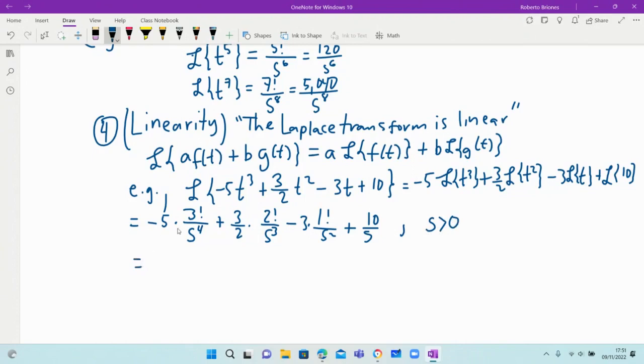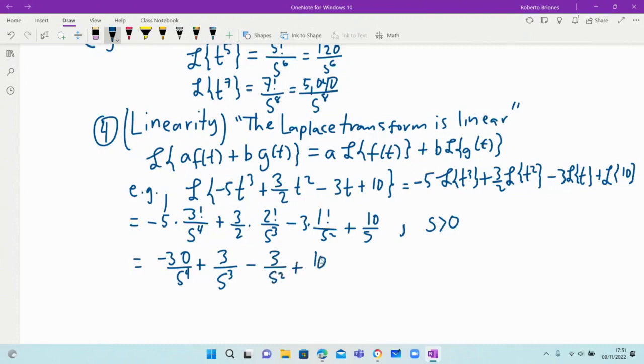So simplifying, 3 factorial is 6, so times negative 5, that's negative 30 over s to the fourth, plus 2 factorial is 2, so we have 3 over s cubed. And then 1 factorial is just equal to 1, so this becomes minus 3 over s squared.